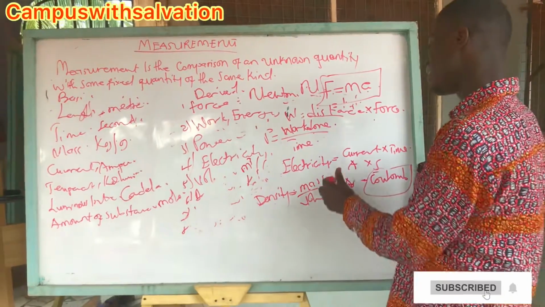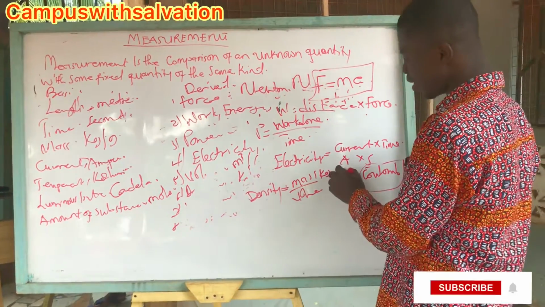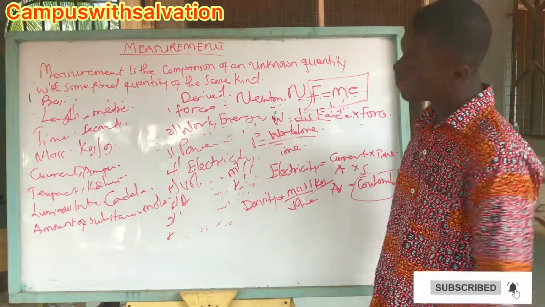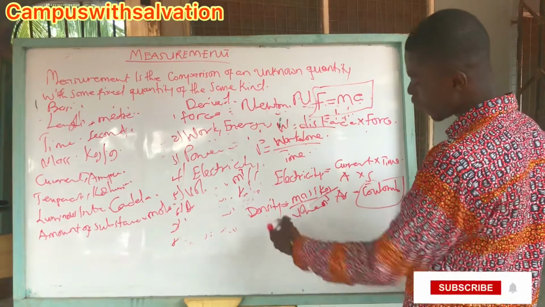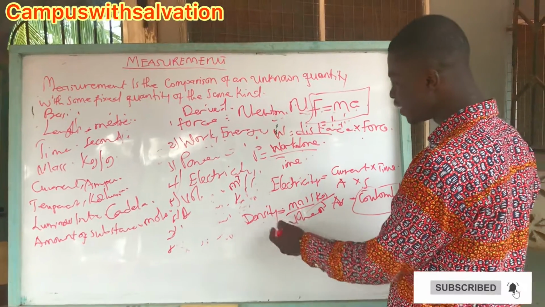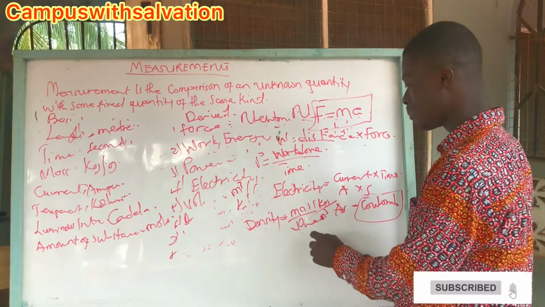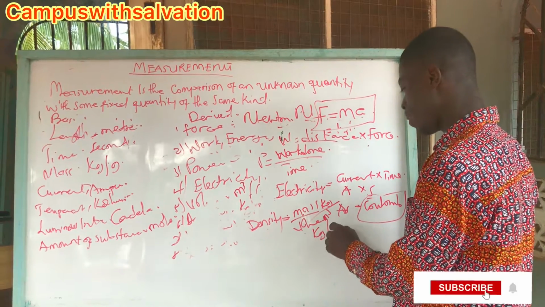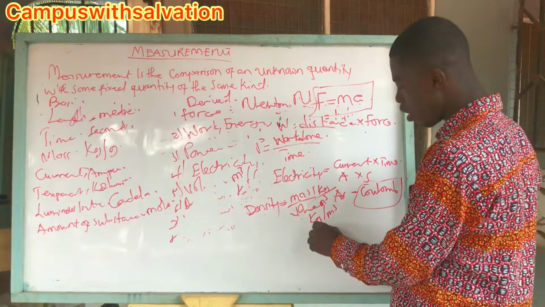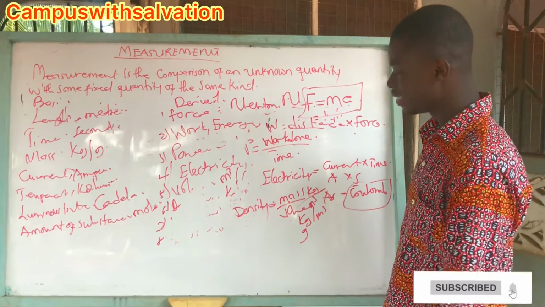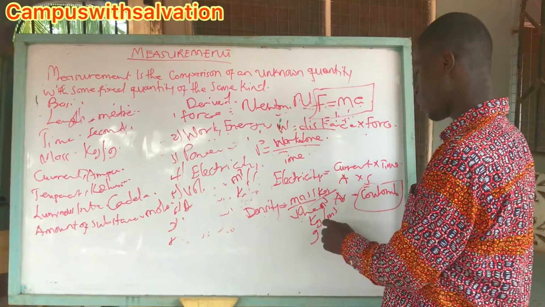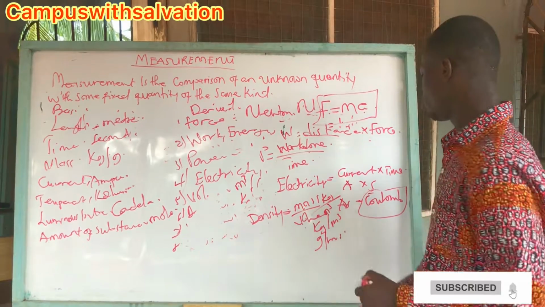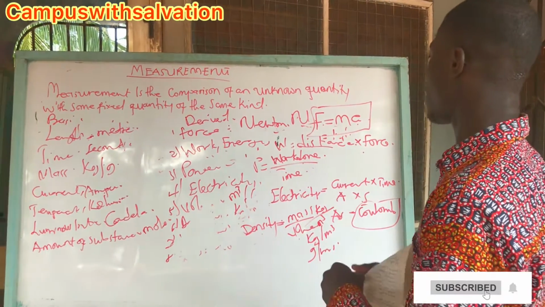Mass is measured in kilograms and volume is measured in meter cube. So the formula for density is mass over volume, and the SI unit must be kilograms per meter cube, or you can measure it in grams per meter cube depending on the quantity.